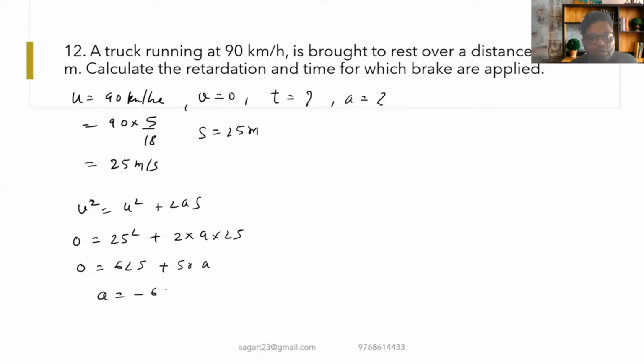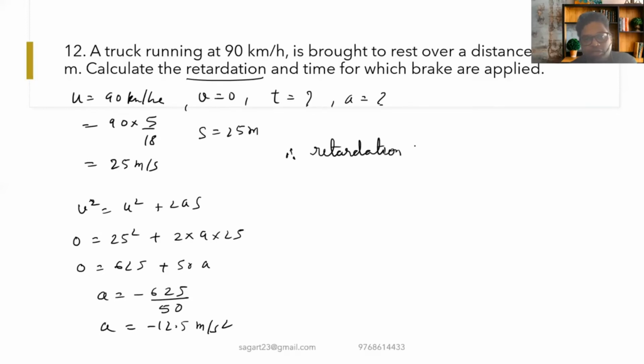So a is minus 625 upon 50 and that will give you negative 12.5 meter per second square. And since retardation is asked, so I will write retardation is 12.5 meter per second square.